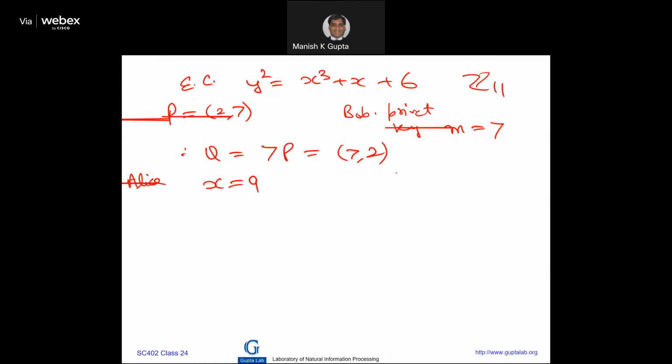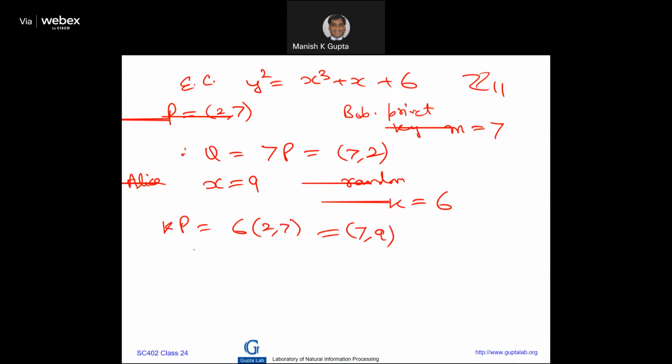She chooses a random value k equal to 6. So kP is equal to 6 times 2 comma 7, which is 7 comma 9, and kQ is equal to 6 times 7 comma 2, which is 8 comma 3. Suppose this h function, I am assuming just for illustration, h of 8 comma 3 is equal to 4.